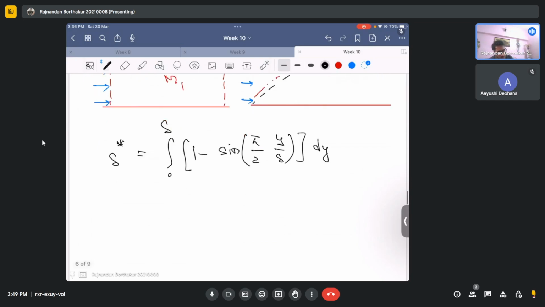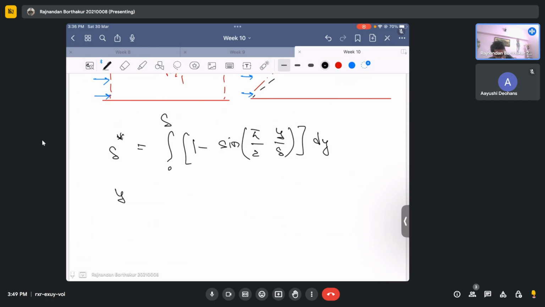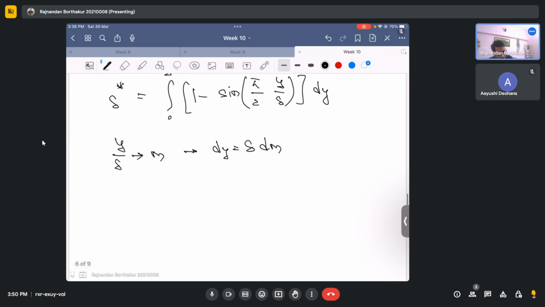And then again we will make the same substitution. We'll do the same exercise: y by delta we take as m, which means dy is delta times dm.